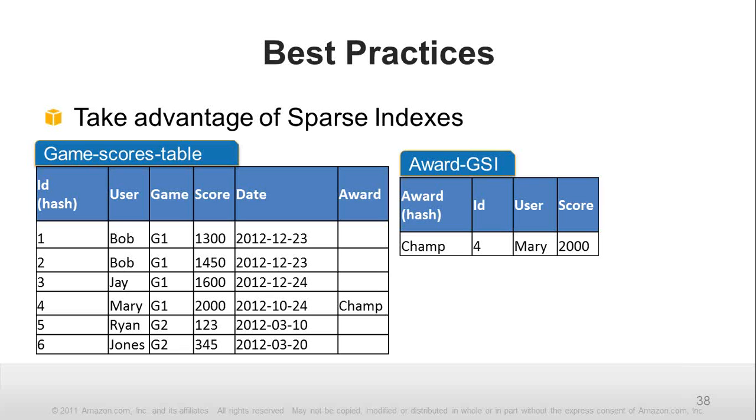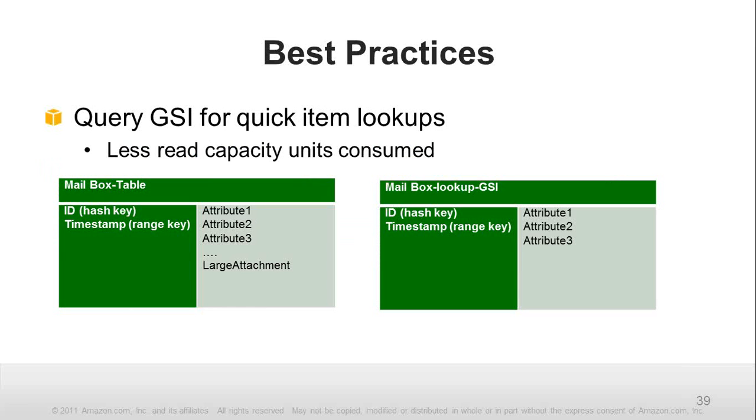So rather than going through the entire table to query this, you could simply query the global secondary index and then materialize the result. Sparse indices come in very handy for sparse data, and GSIs are very powerful constructs for dealing with sparse tables or sparse attributes.